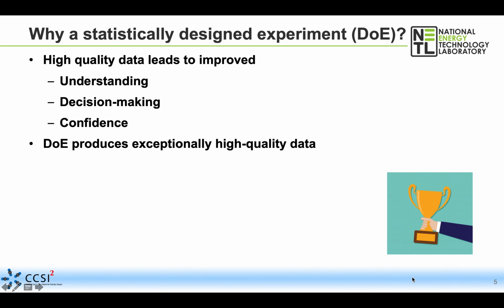We use statistically designed experiments because they lead to really high quality data, and high quality data helps us to improve our understanding of the process under study, decision making about that process, and confidence in the decisions that we've made. Design of experiments produces the gold standard in data collection, and so that's why we use it whenever we can.